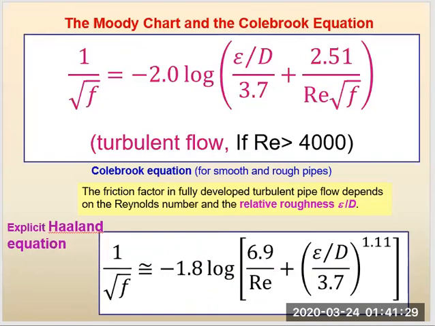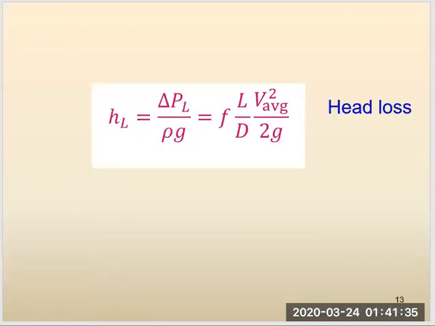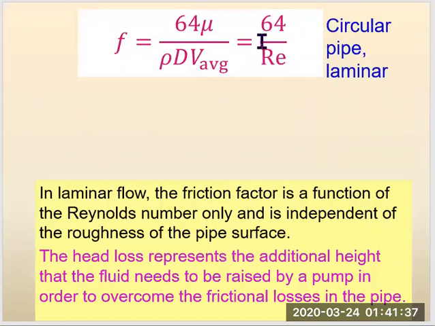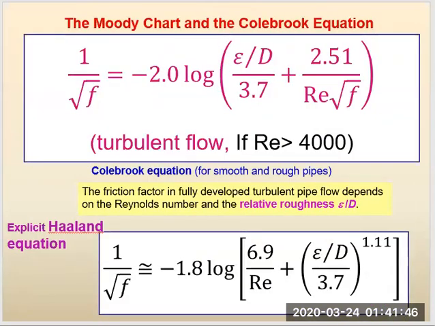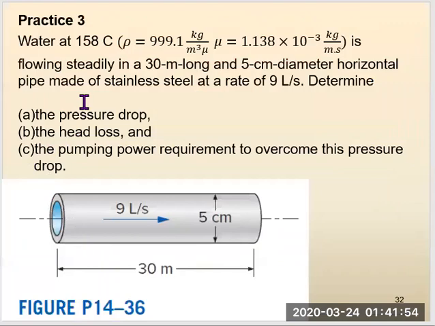If it's laminar, then you want to use a different equation, that was this. So first you need to define your regime of the fluid flow, then calculate the Darcy friction factor, and then follow a similar procedure to what we did in the previous example to solve for these three quantities.